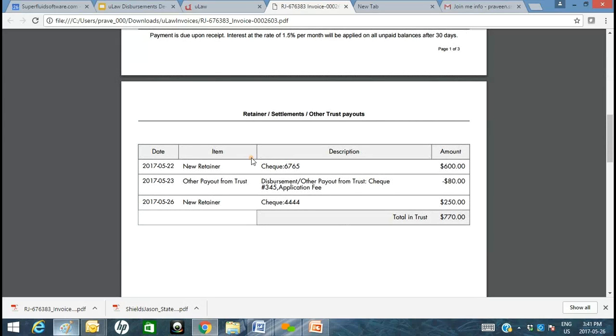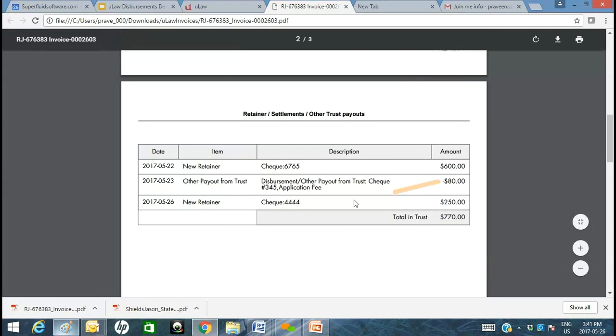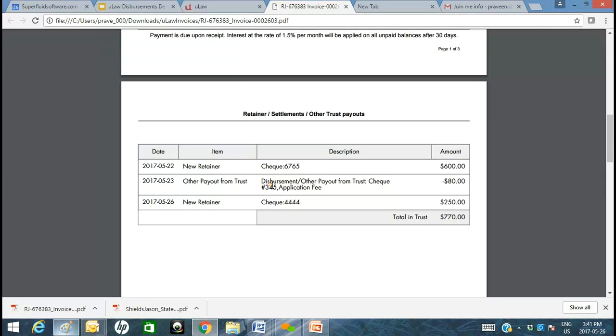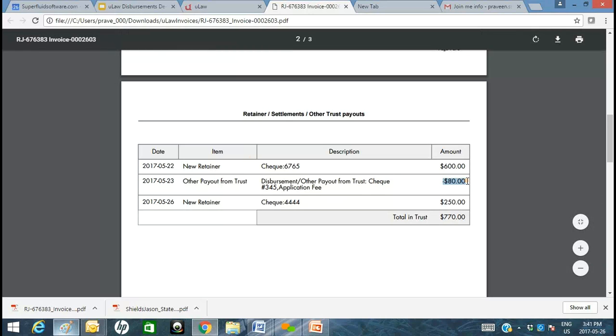Always a great discipline and a habit and a best practice, if you will, to componentize your retainer transactions. So you received a $600 retainer, but very important to keep in mind that you disbursed for that particular application fee $80 directly from trust.